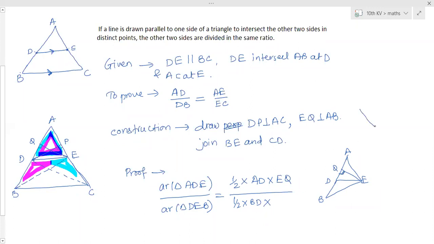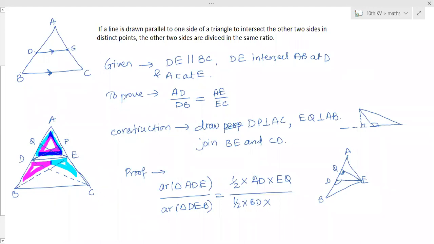Just like in an obtuse triangle, where do you draw the perpendicular? For this obtuse angle triangle, from this vertex the perpendicular is outside. So this is also EDB, and this angle is obtuse, so we have to draw the perpendicular outside.